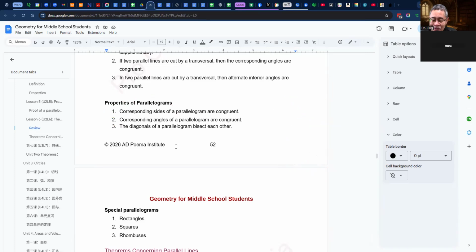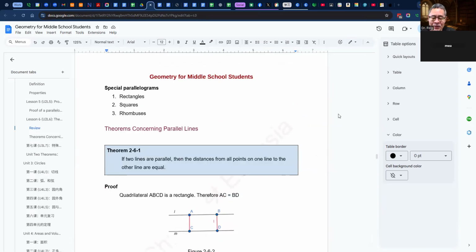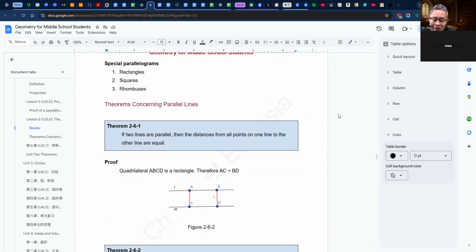And then we talk about some special parallelograms. We know a rectangle is a special parallelogram. A square is a special case of a rectangle, so of course that's a special case of a parallelogram. Also the rhombus. You've got a parallelogram like this, then this is a parallelogram, and a square is also a parallelogram. We also have something called a rhombus, where all four sides are the same but the angle is not 90.